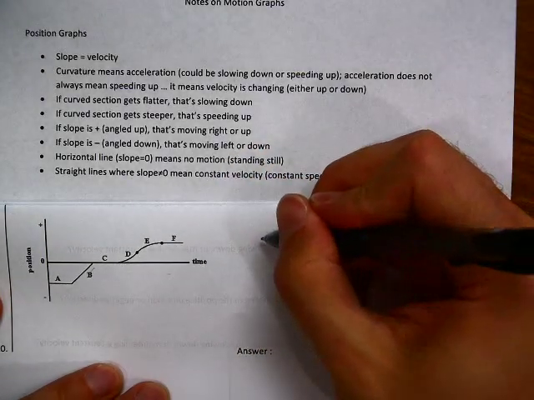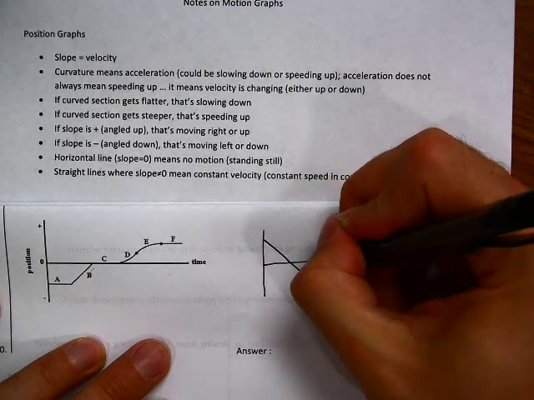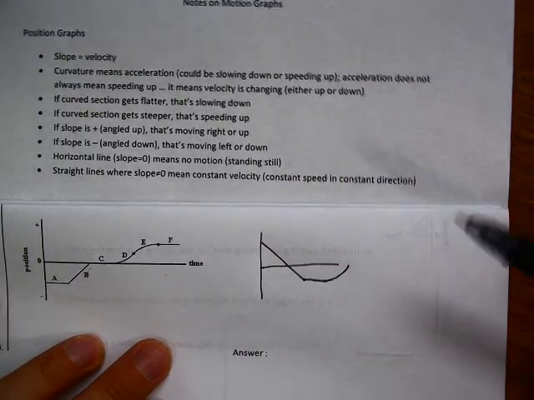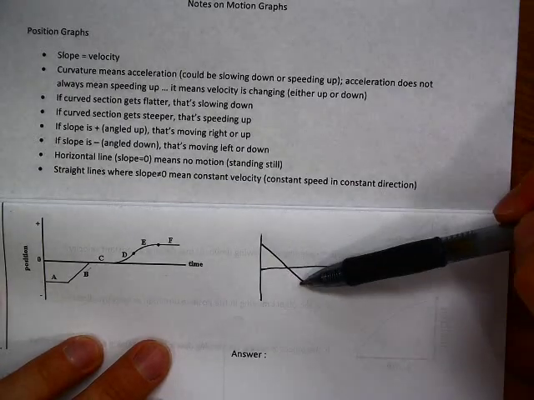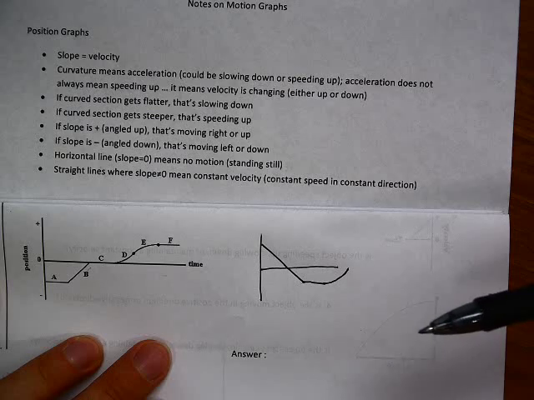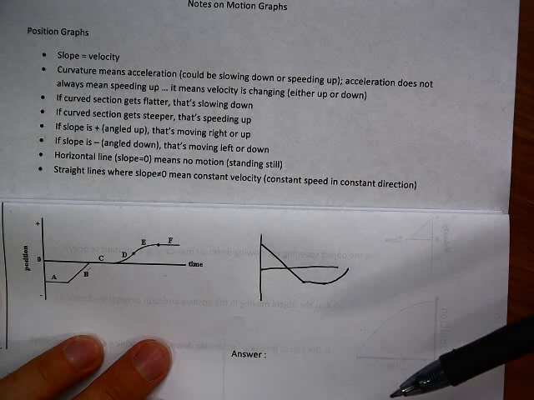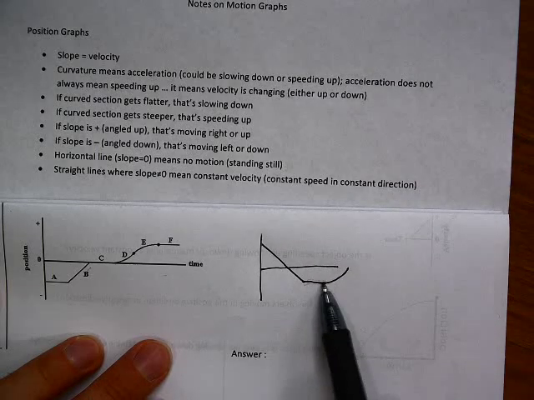I can draw another graph here. For this first segment, we have a constant negative velocity. That means constant speed in the negative direction, which is usually left or down. Then a little horizontal segment.